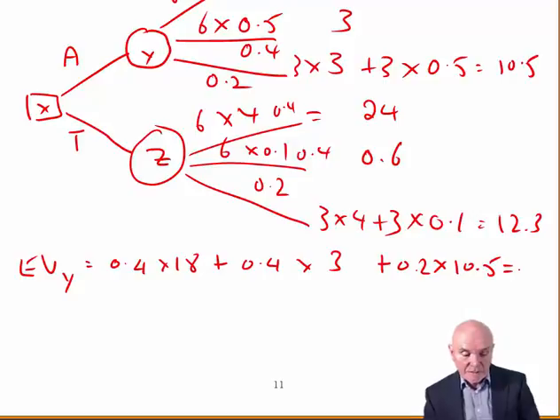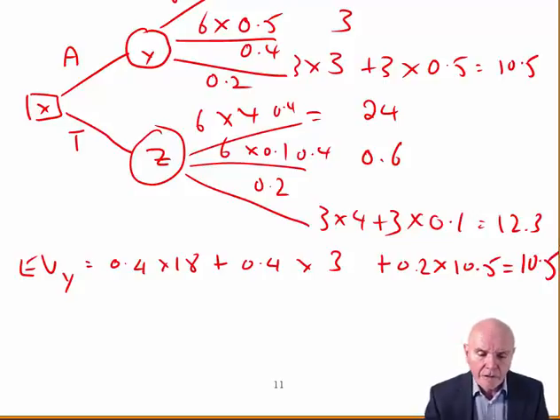So 18 times 0.4 will be 7.2, and 0.2 times 6 will be 1.2, that'll be 8.4, and we have that 8.4 and 10.4 be about, I think, 10.5. Are there costs in here?